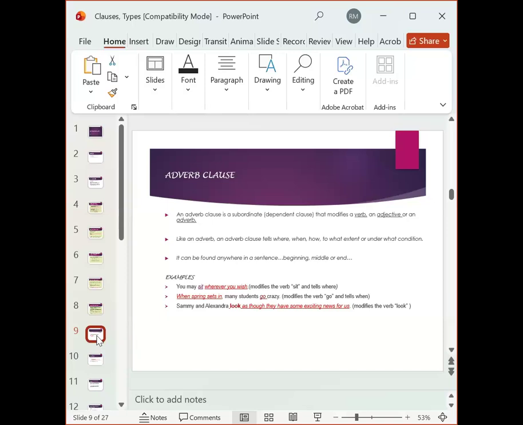is an adverb clause because remember we said adverb clauses tell where, when, how, to what extent, and the condition. Good. So, which of these that I've just mentioned is the clause wherever you wish telling us about the verb?